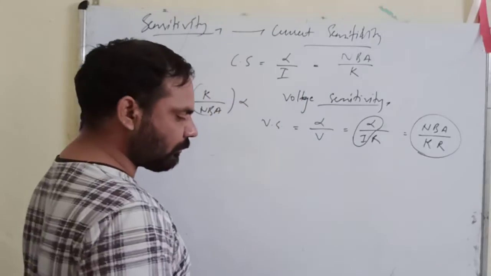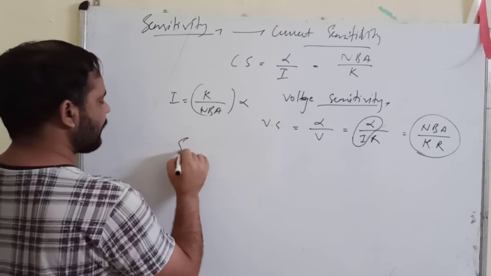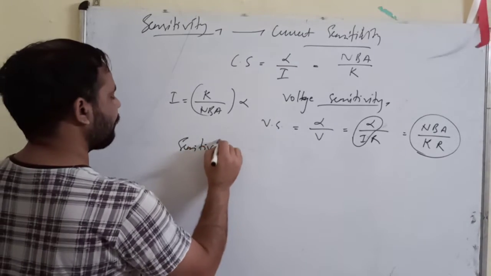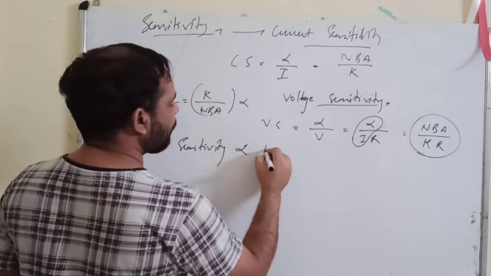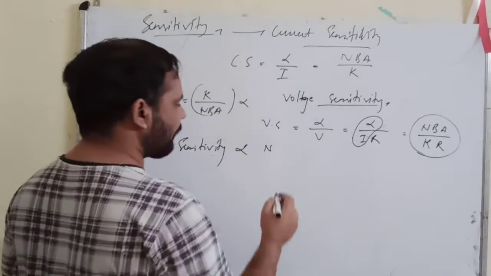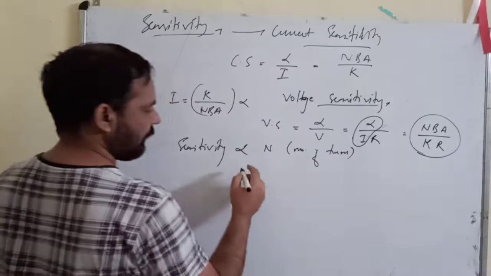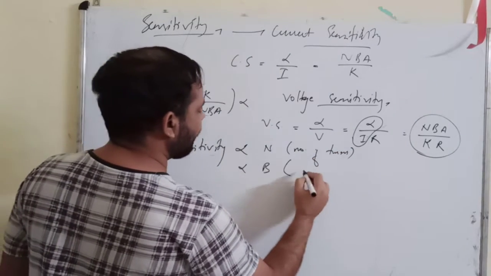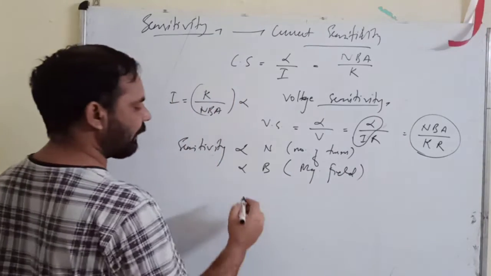Now from both the formulas you can see that the sensitivity is directly proportional to N, the number of turns. Then it is directly proportional to B, the strength of the magnetic field.